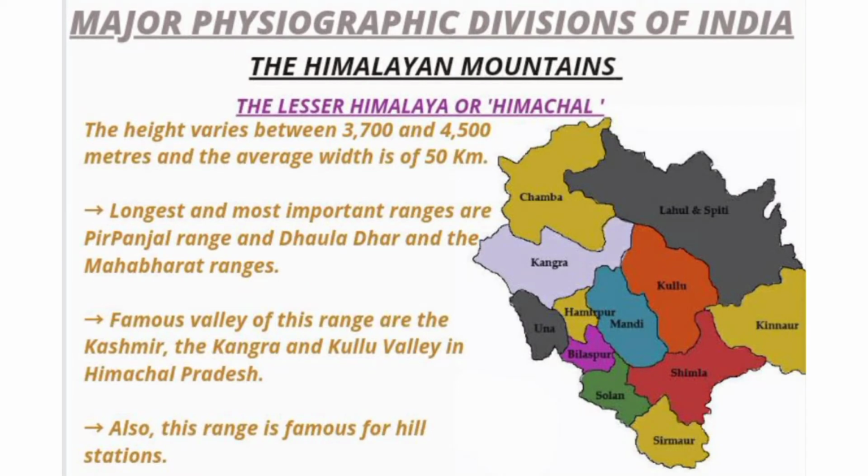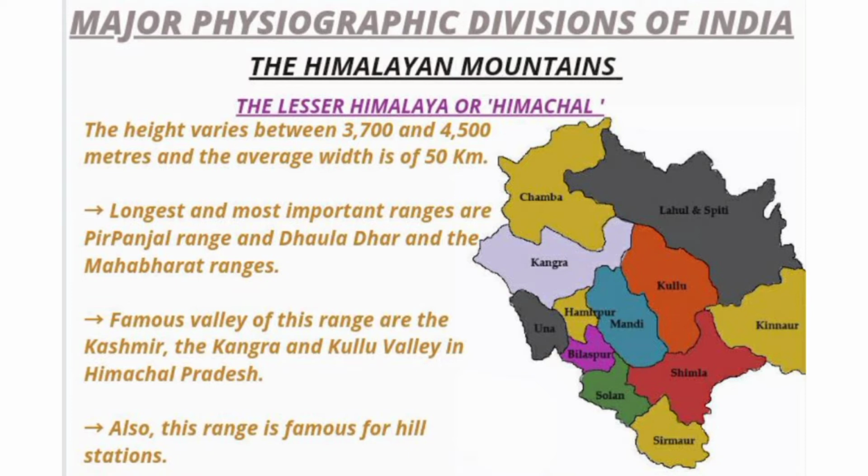The Lesser Himalaya or Himachal. The height varies between 3700 and 4500 meters and the average width is 50 km. Longest and most important ranges are the Pir Panjal Range, Dhauladhar, and Mahabharata Range.